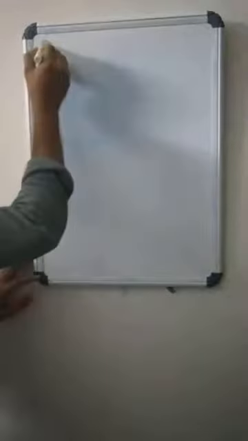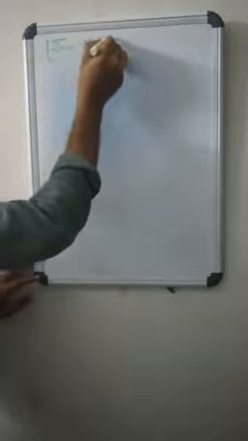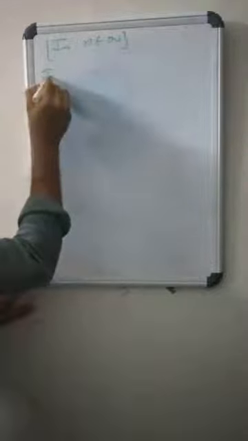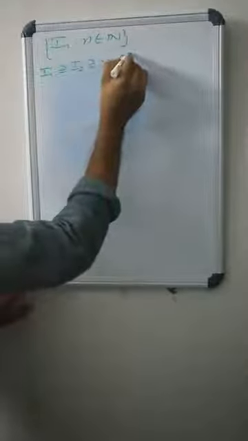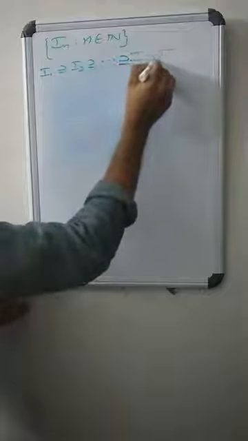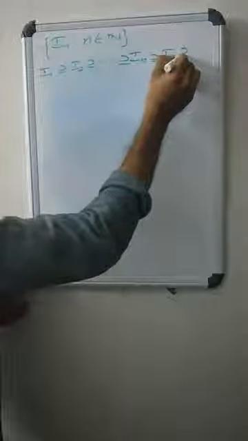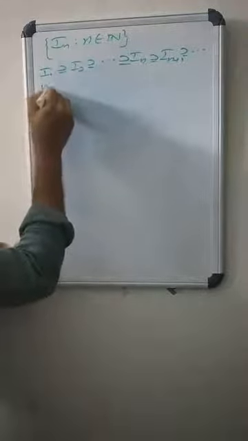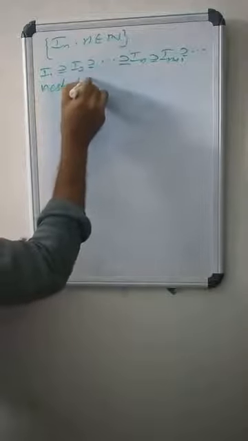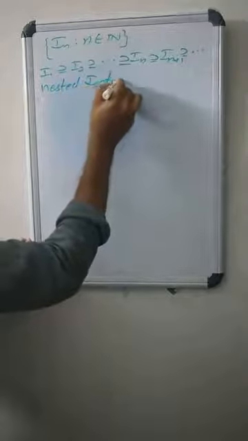A collection of intervals I_n, where n is a natural number, that is I1, I2, etc., having the property that I1 is a superset of I2, is a superset of etc., I_n is a superset of I_(n+1), is a superset of etc., is called a sequence of nested intervals.